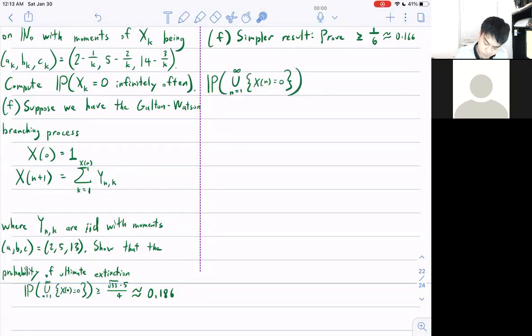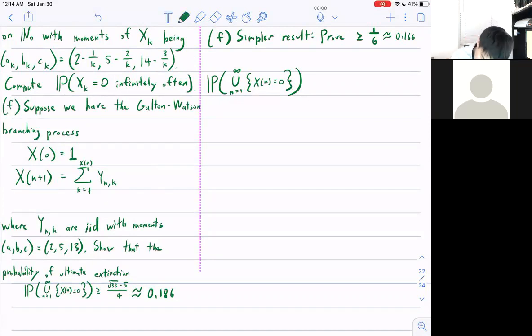We basically want to know at which point in history this entire process equals 0. And because of how this is defined, once one of these sets happens, the successive sets afterwards will also equal 0. There'll just be a subset of this event. So we want to know if at any generation, this entire process equals 0. That's why it is written in this union set notation.